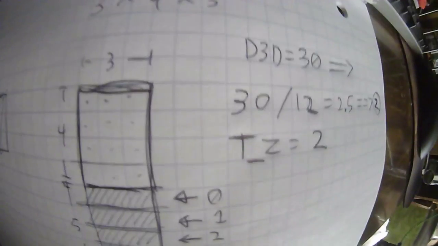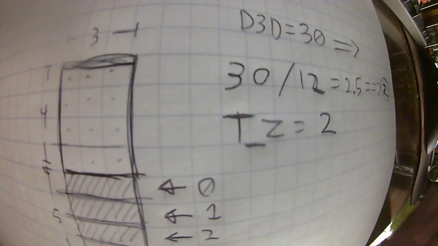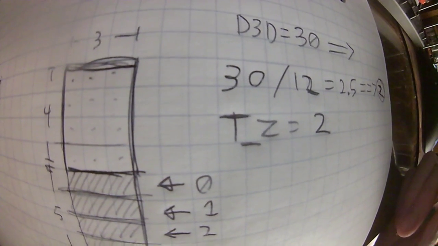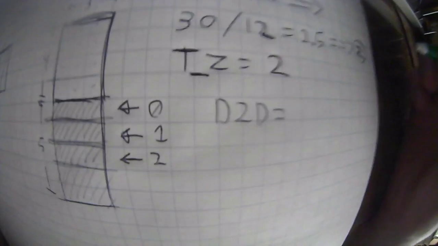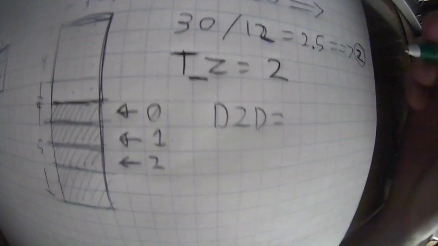Okay, so after we found TZ, it looks like we want to get whatever's left over to get dex 2D. D2D is going to equal the three-dimensional index minus whatever... Actually, that's not quite what we're doing.